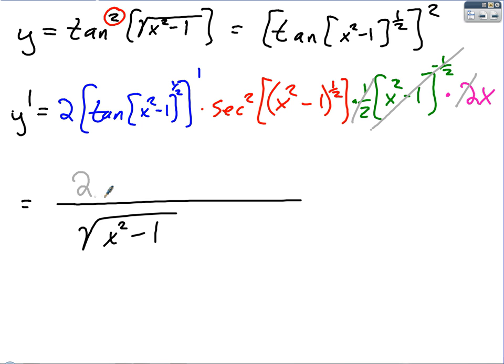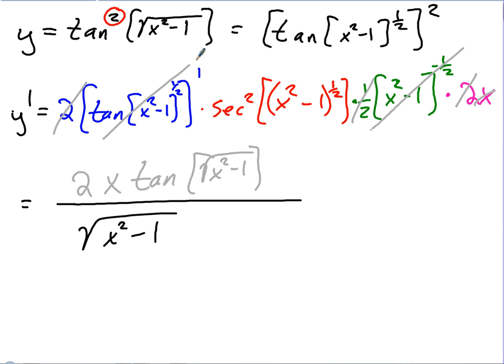So we got 2x, those guys are gone. And then it looks like we've got a tangent of the square root of x squared minus 1, right? Times a secant squared of the same thing, right?